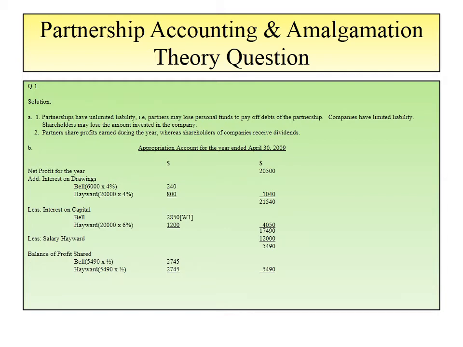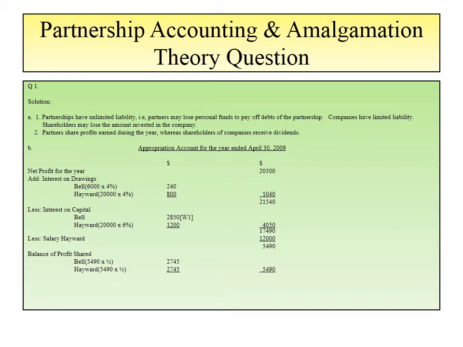That gives us 21,540 as the total profit, and from this total profit the interest on capital is deducted, which is calculated below. Working for Bell is given in the last slide as W1, and Hayward has 20,000 capital for the whole year, and 6% of it comes to 1200.